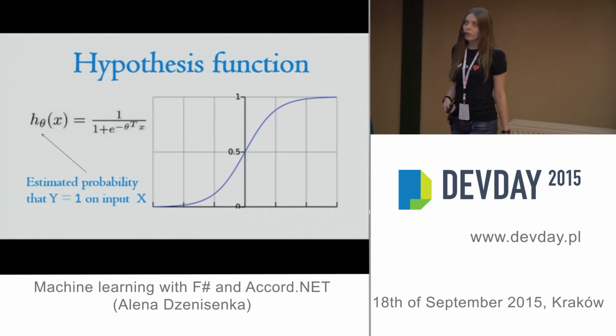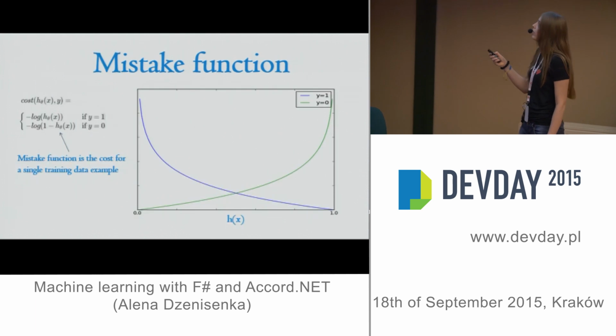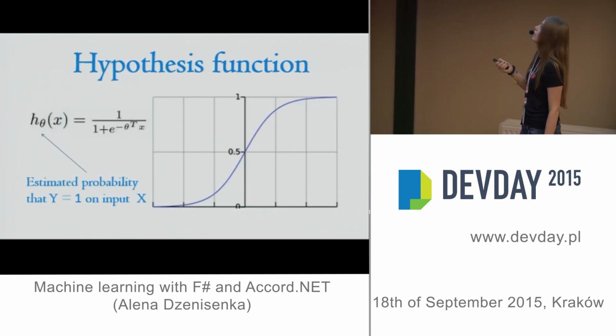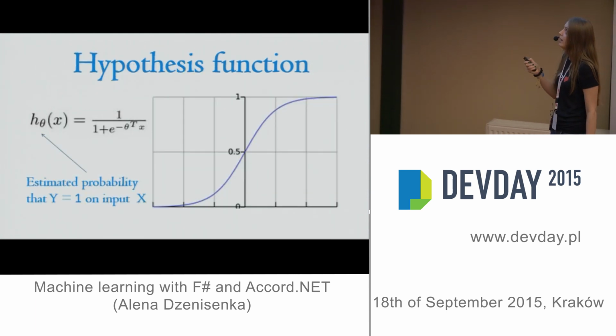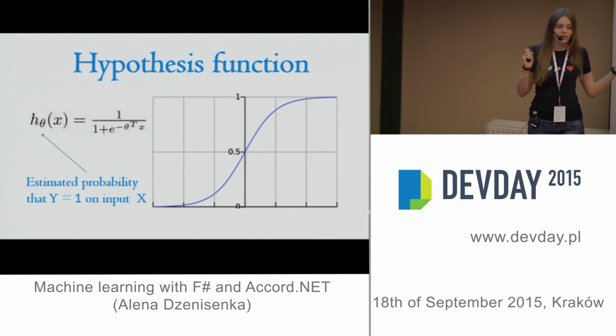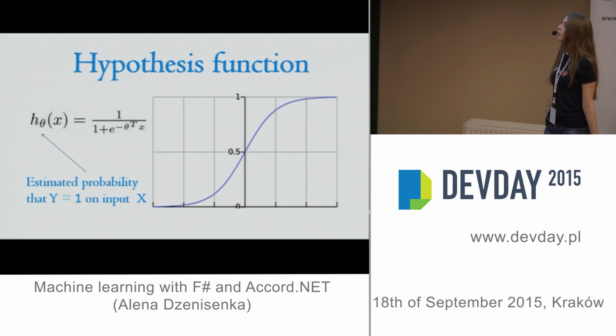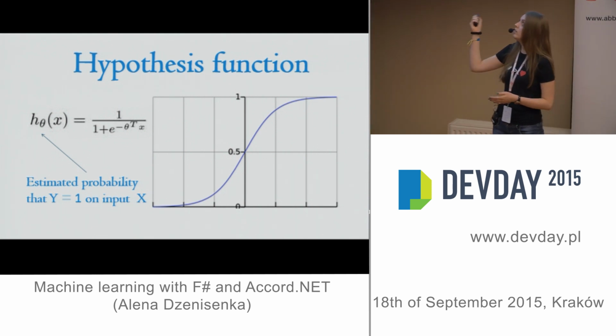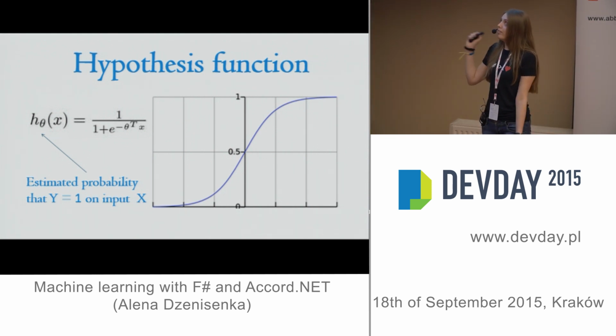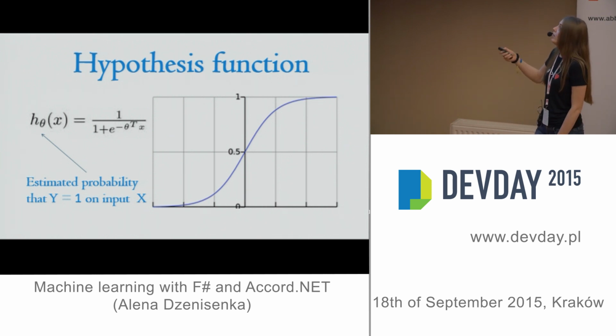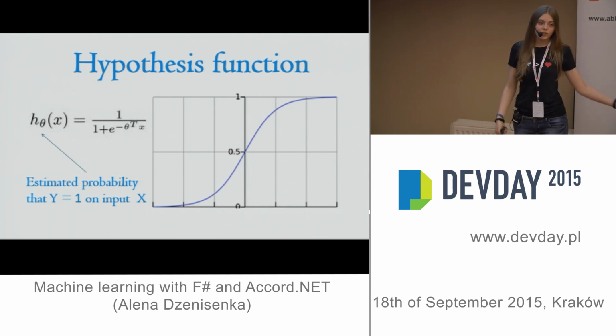So here we also do some random selections. This is theta, the set of randomly selected theta parameters or weights for the given input set. And the difference is that in this formula, this is a sigmoid function or logistic function.